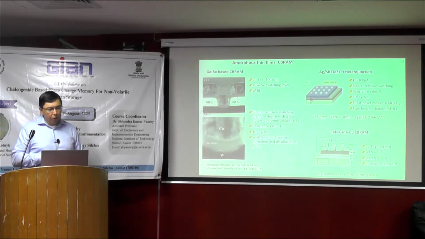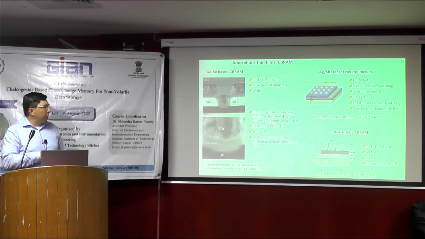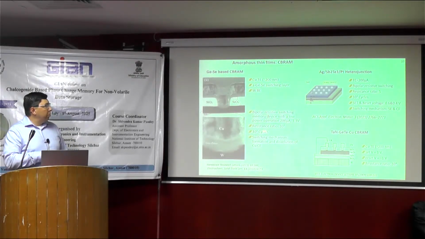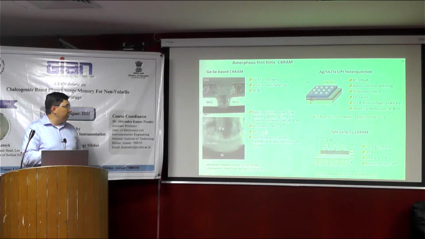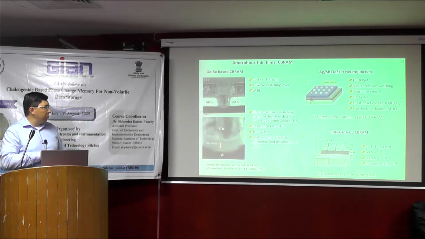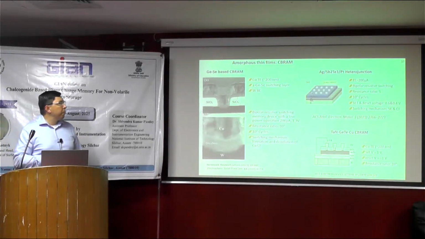You can switch in one and in the other direction with power operation like 200 microamps, 1.3 volt. It has a nice resistance ratio, and endurance can be 10 to the 5 cycles. And here the switching mechanism is the formation and dissolution of copper filaments.